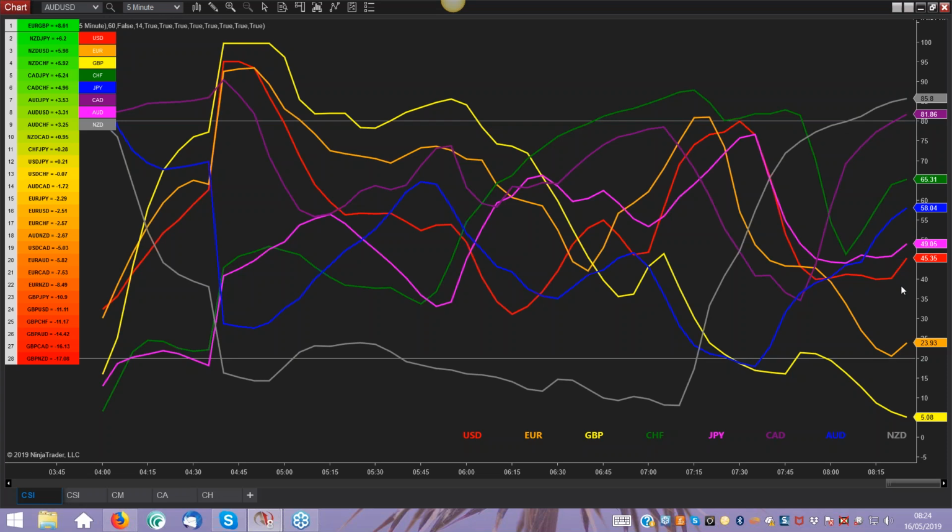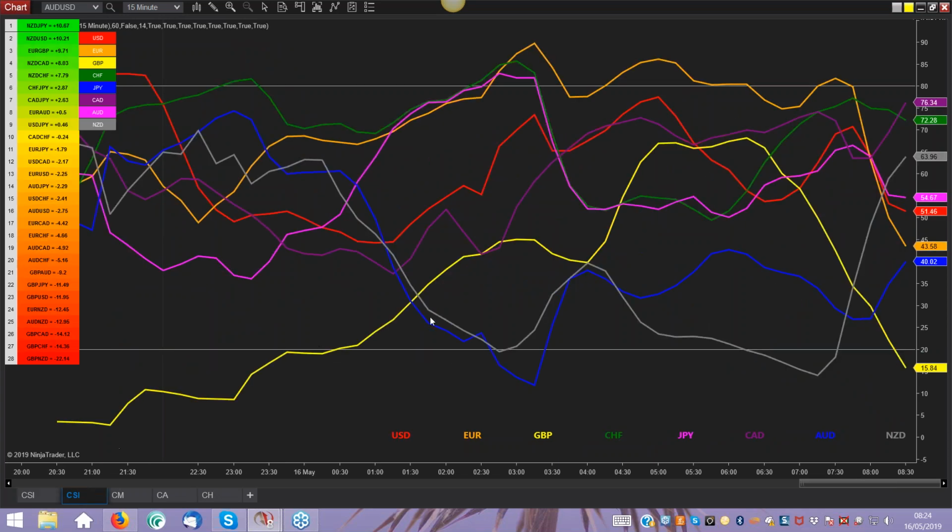So, you know, there's better pickings elsewhere, whether you're looking at it as a trend opportunity on the CSI on this particular time frame. We go up to the slower time frame, let's go up to 15, see what's happening there. This is the Euro New Zealand, that's the Euro. It's still falling, New Zealand is rising. But if that reversal on 5 does take shape, then what you'll see on 15 is you'll see these start to flatten off a little bit.